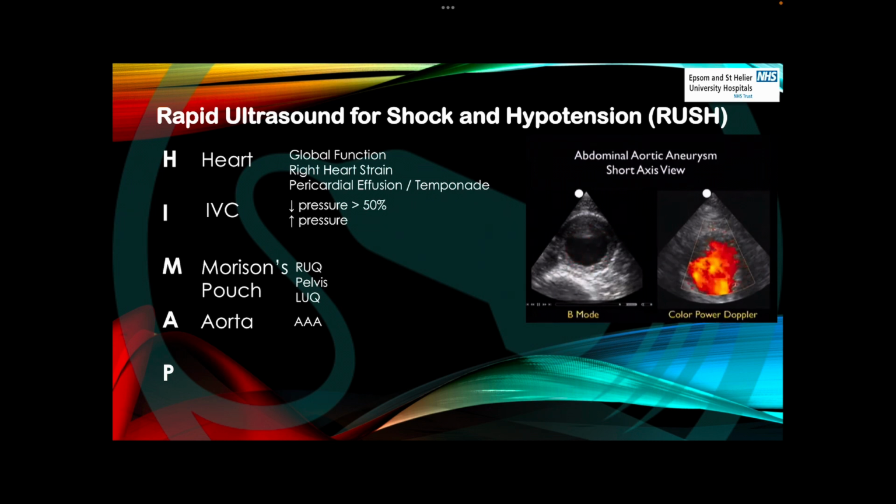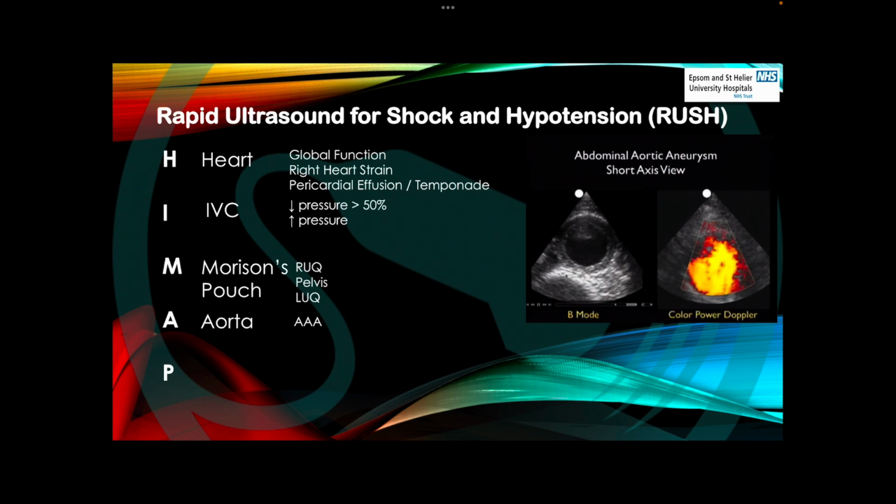There is a leakage. You can see that one, and this is the color Doppler of it. Okay, so this is the abdominal aorta. Once you put the ultrasound scan, you will be able to grab if there is any abdominal aortic aneurysm or not.